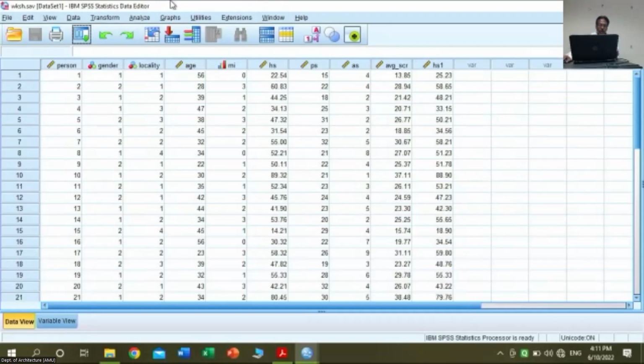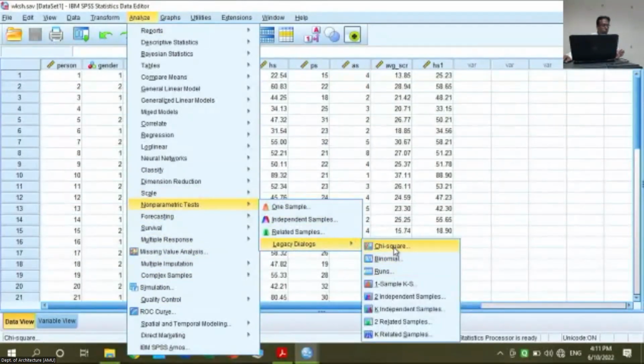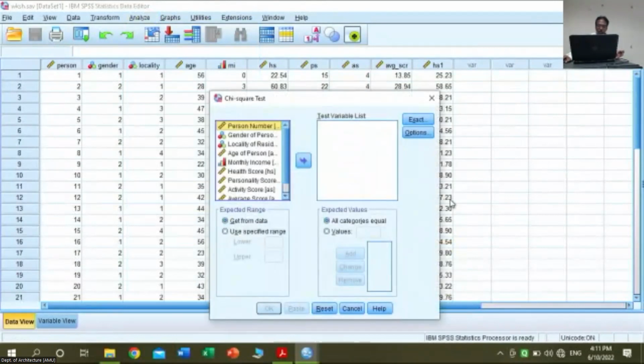So here analyze and select non-parametric test and then chi-square, and here test variable is gender now, and here all categories are equal. That means 50% male, 50% female.